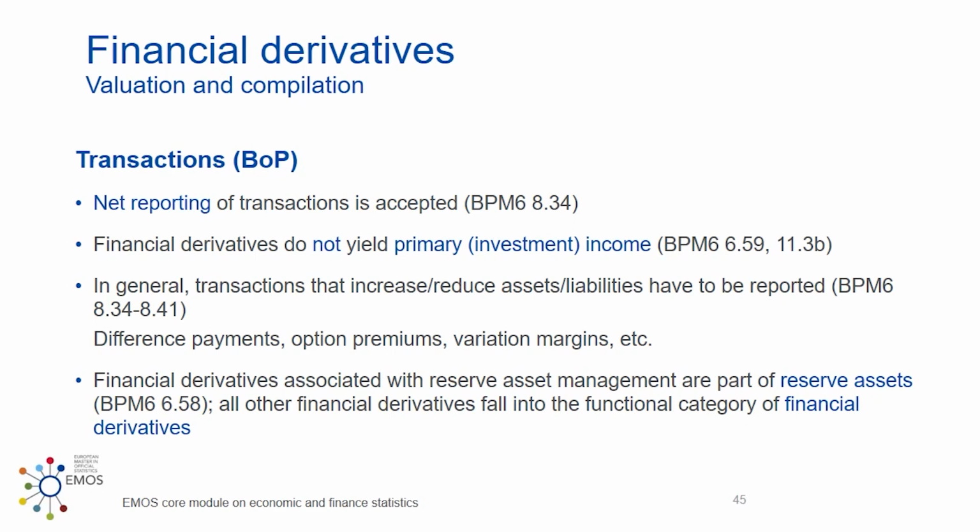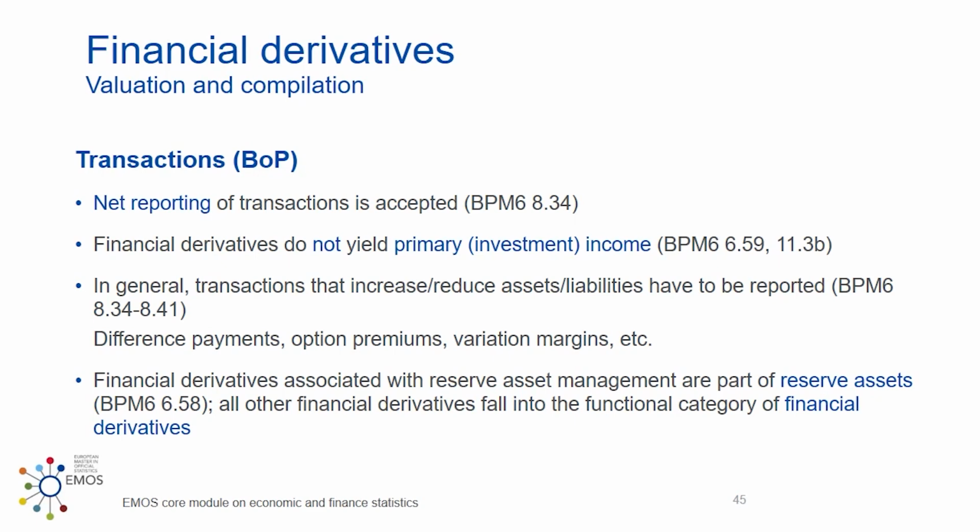On the other hand, if you have a margin deposited as security, as I said, the name deposited, basically that would be a repayable margin that is just posted there as collateral. That is something that does not actually increase or reduce your asset or liability with a financial derivative, but rather is a separate asset and therefore does not have to be reported under financial derivatives.